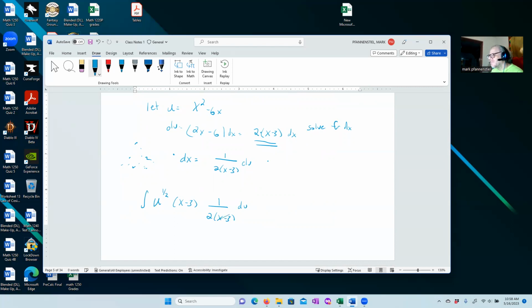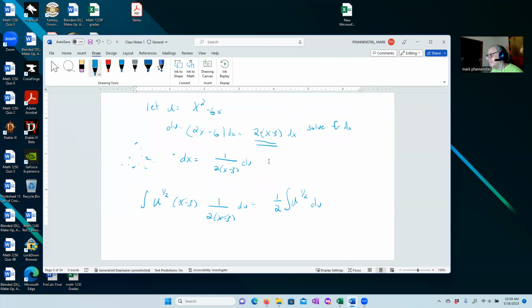This is going to cancel here, so the 1/2 is going to come out front. So we have 1 over 2 times the integral of u to the 1/2 du. One of the other things about the du part is it has to be on the baseline of the problem. It can't be in the exponent, it can't be in the fraction, it can't be under a square root.